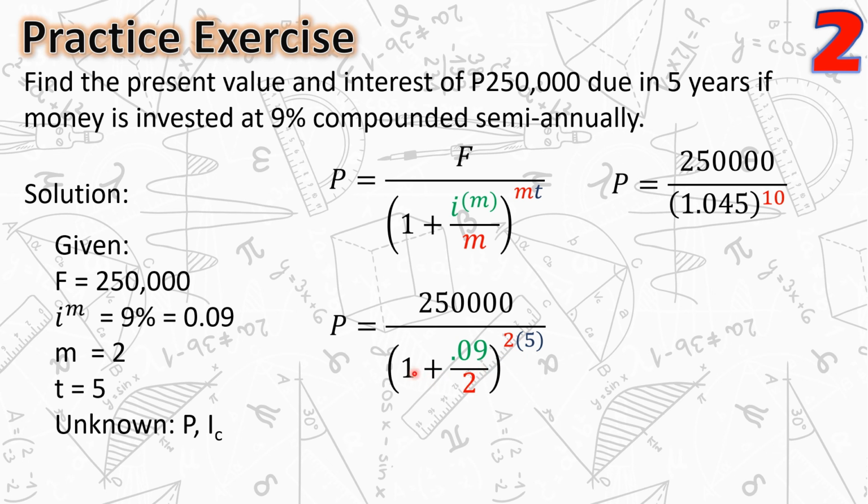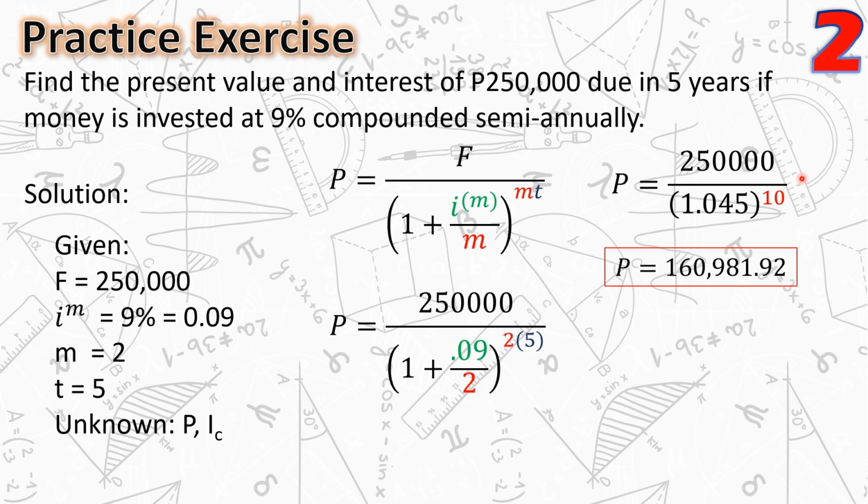Solving for the values inside the parentheses, 0.09 divided by 2 is 0.045. Plus 1, that will be 1.045. Then in the exponent, 2 times 5, that is 10. So we can use our calculator to solve for this value.